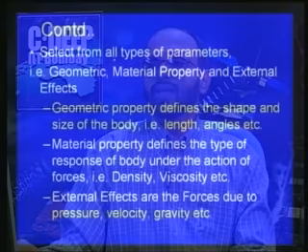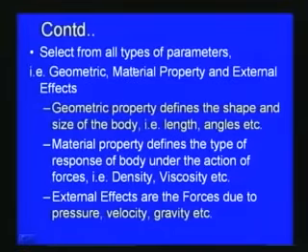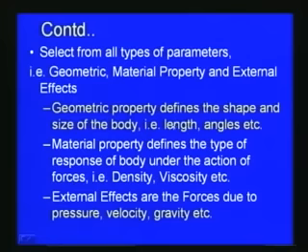Next, we have to select from all types of parameters, whether in the dimensional analysis we will be dealing with geometric properties, material properties, or external effects. Geometric properties define the shape and size of the body, such as length and angles.